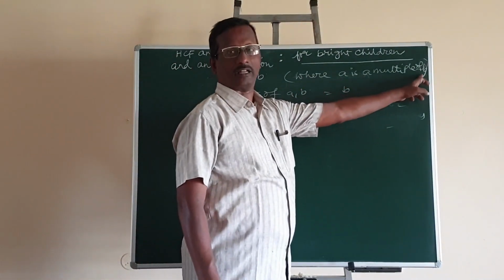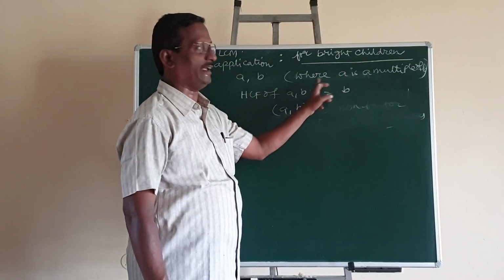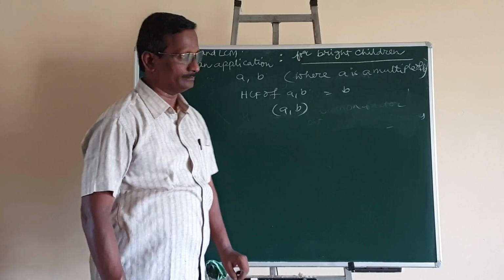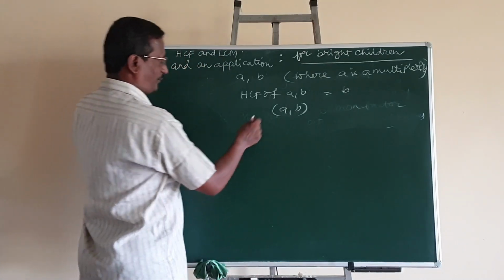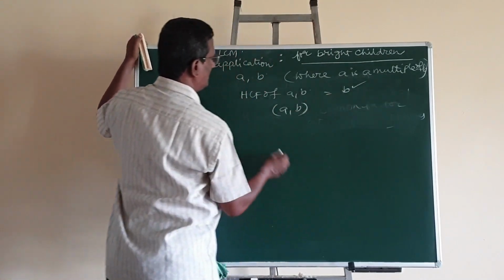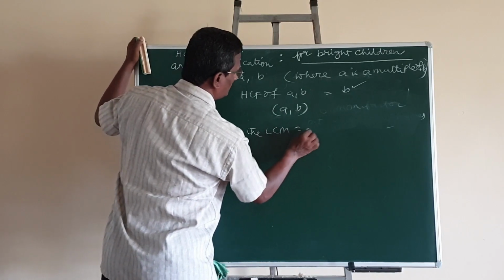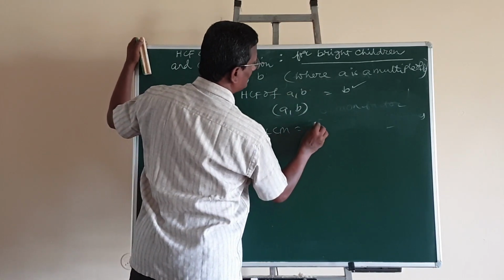In the multiplication table of B, we get A. In that case, HCF of A, B is equal to B, and automatically the LCM is equal to A.